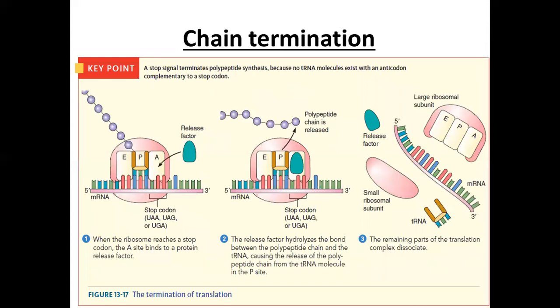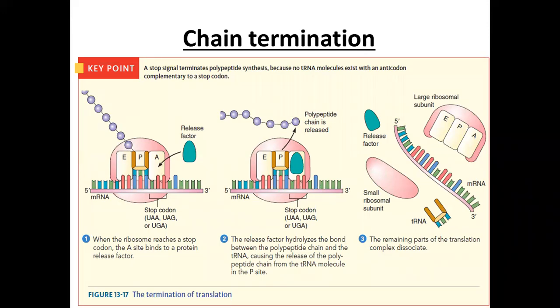And then we have the chain termination. The process of translation will continue as a cycle. It's cyclic. It continues until the ribosome reaches a stop codon, any of the 3 stop codons.